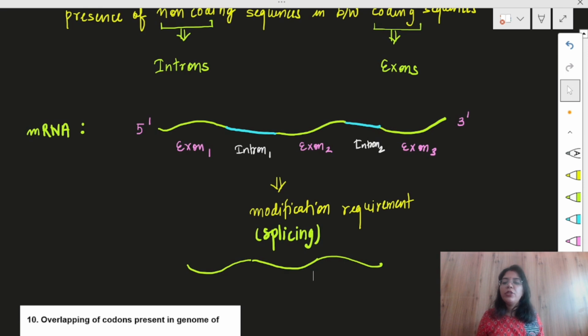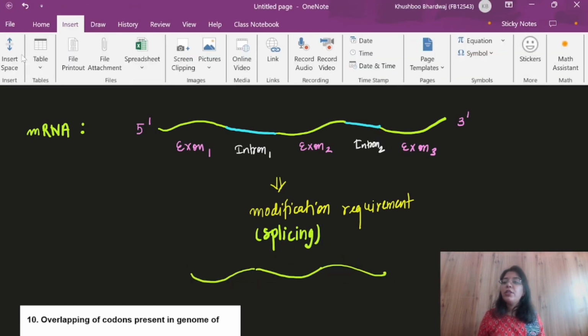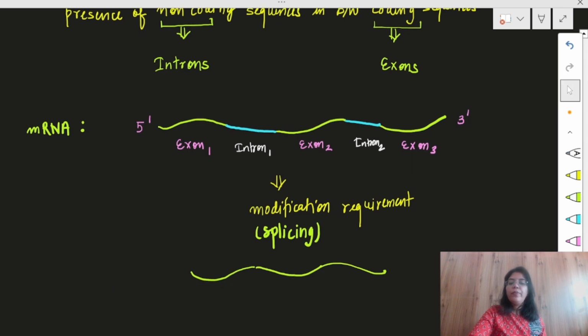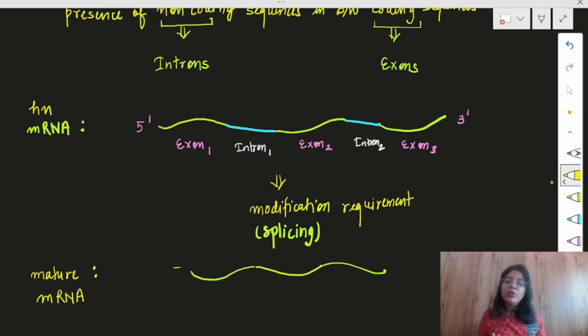Then your messenger RNA will be ready to move out from the nucleus. Better I should write, this is heteronuclear mRNA and this is mature messenger RNA. In NCERT, they have followed only heteronuclear mRNA and normal mRNA. This does not have any introns.